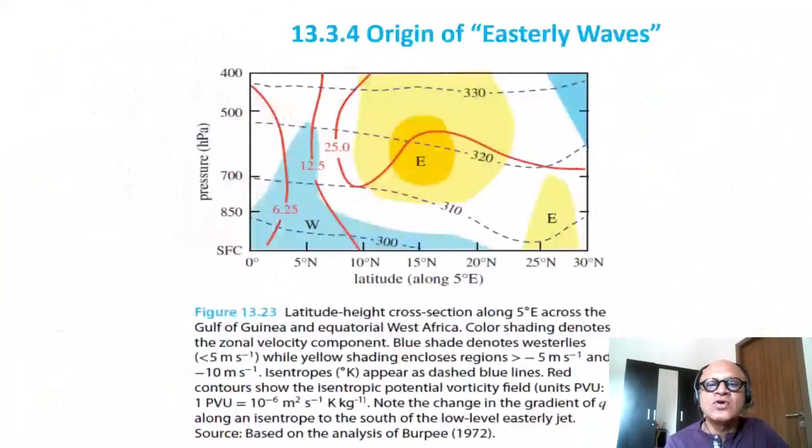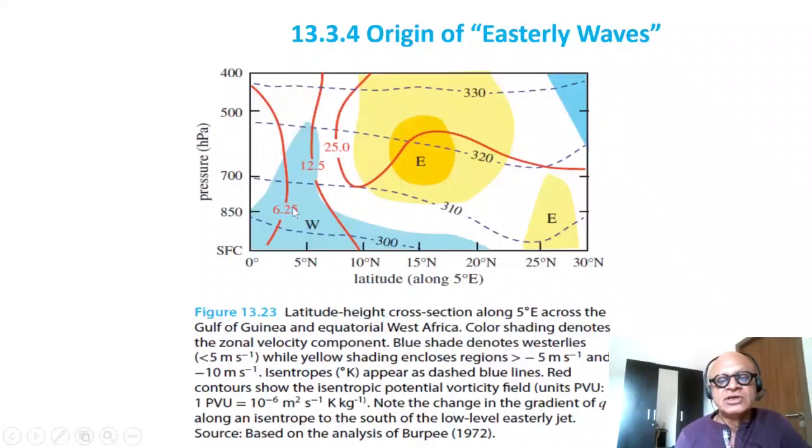With that, let's go briefly to the origin of easterly waves. Easterly waves typically were called African easterly waves, and many people still refer to them as African easterly waves. And you can see the brief dynamics here in terms of pressure versus latitude, and this is done across 5 East, which cuts through West Africa into the Sahara.